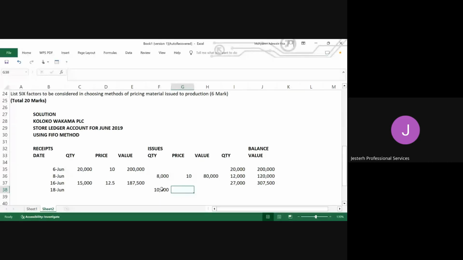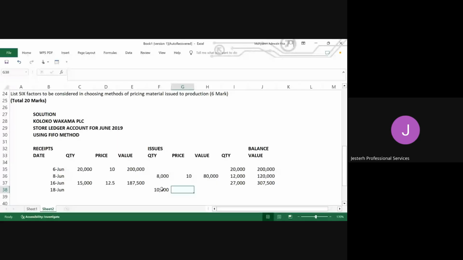You know, like I mentioned, this kind of scenario usually occur whenever you are in a production department or in an organization where most majority of the materials have a short life span. You know, they need to utilize what they have before they can continue using the new one.